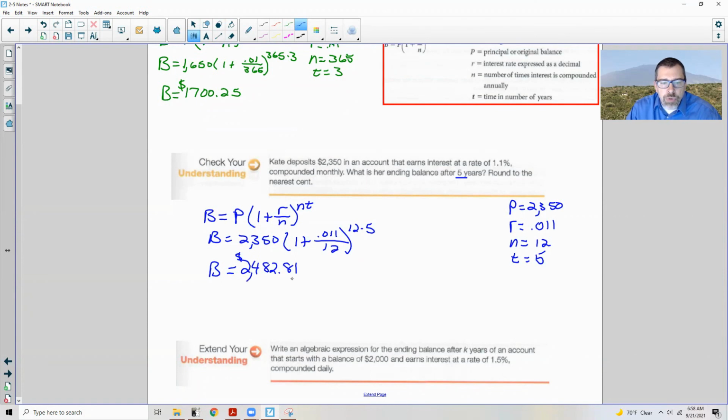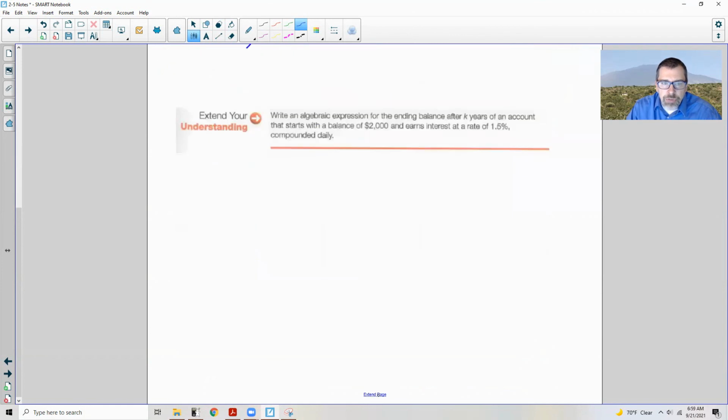Okay, so it's $2,482.81. What is her ending balance? So it's B. It didn't say how much interest did she earn, but if you wanted to find that, you take your ending balance, subtract your principal, and the interest is the difference. All right, so pause the video, see if you can do the next extended understanding.